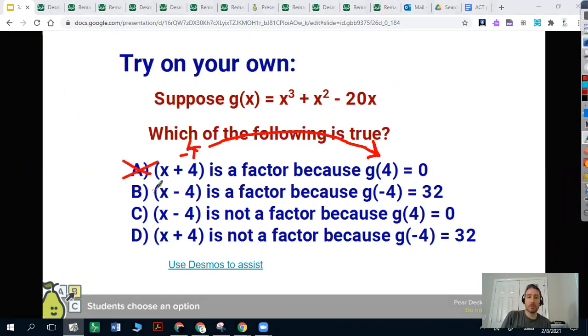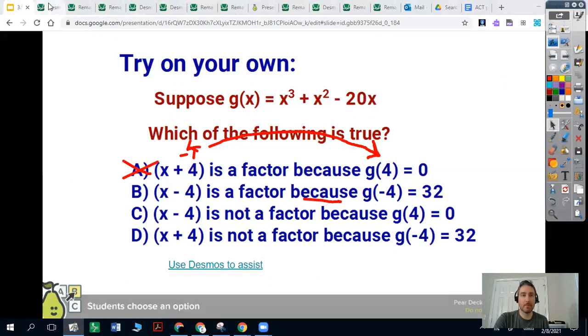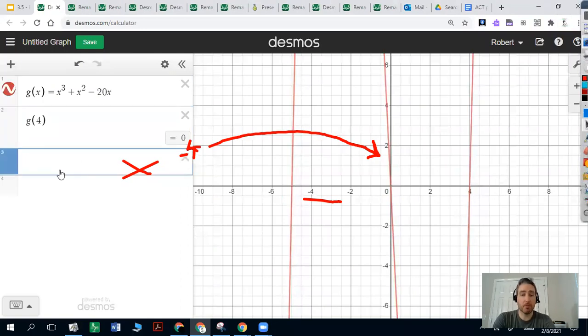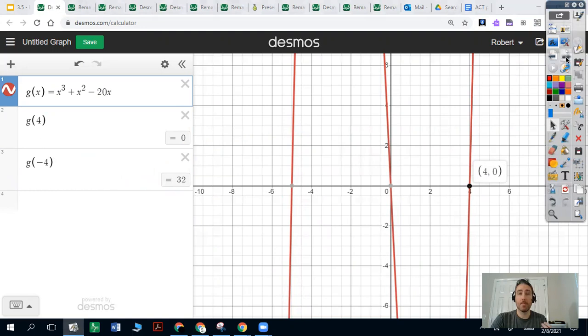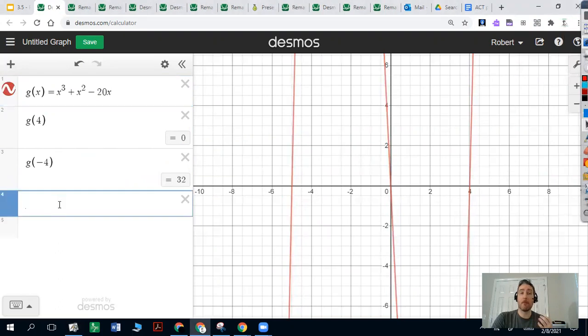So let's look at answer choice B. X minus 4 is a factor because g of negative 4 is 32. Well, again, if you look at the graph here, g of 4 is 0, g of negative 4 is 32, but g of negative 4 being 32 doesn't align with the factor x minus 4.